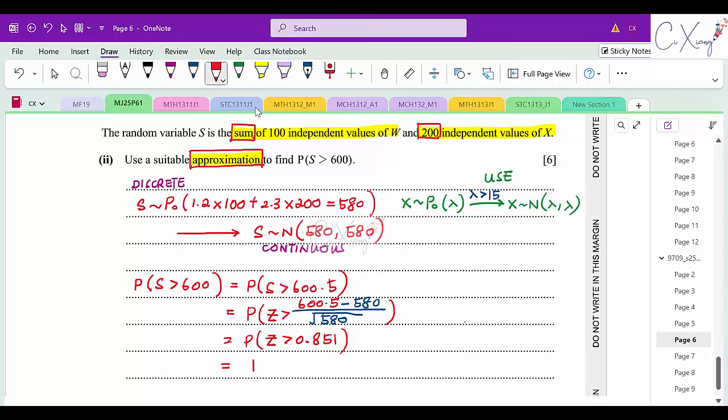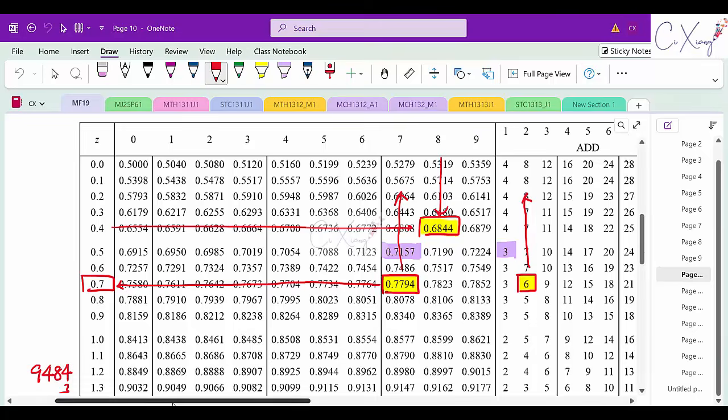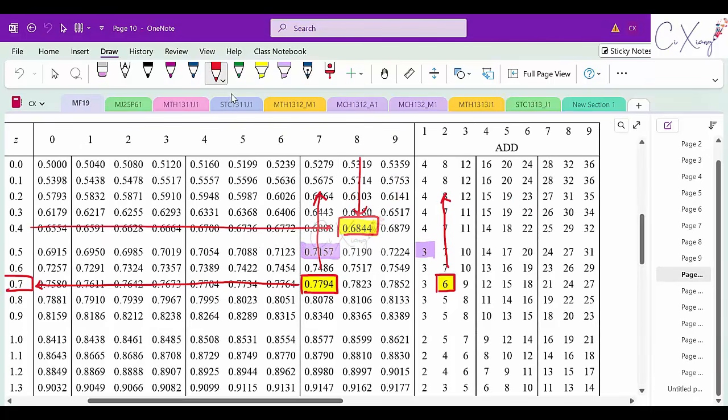Then again, I have to take 1 minus the probability that I get from the table to get the final answer, because the table gives us the value for Z smaller than 0.851. Looking for 0.851: 0.85 is this one, then 1 is 3.